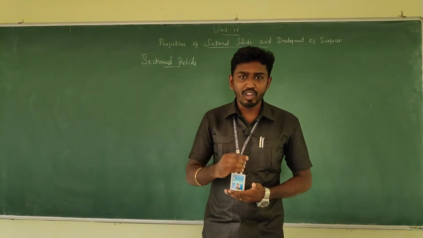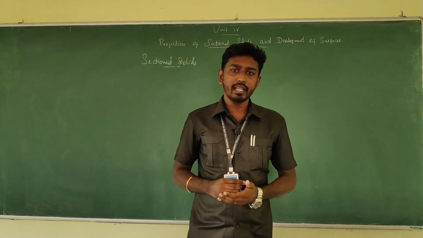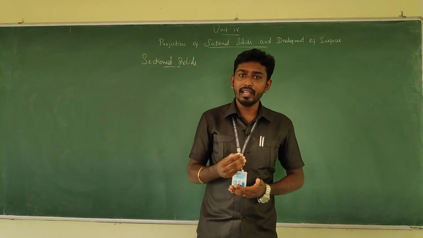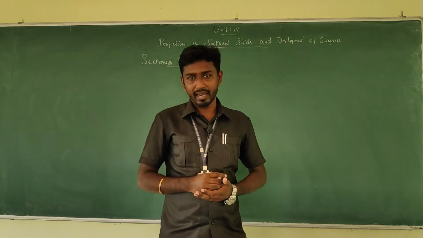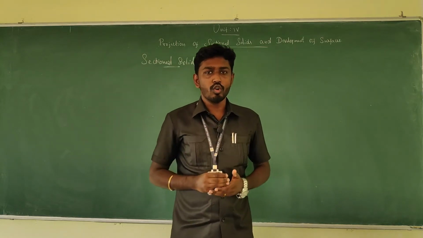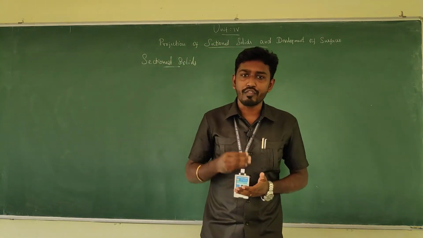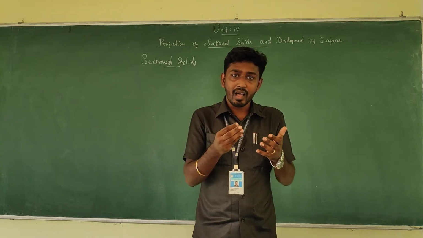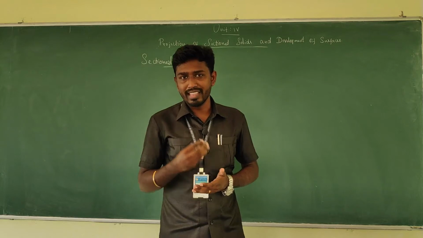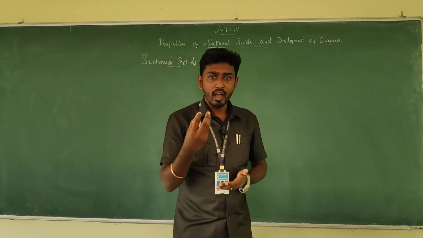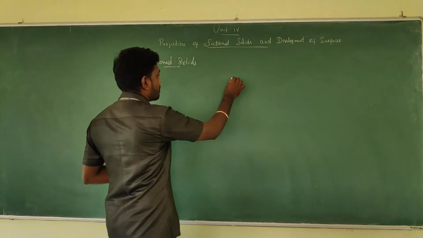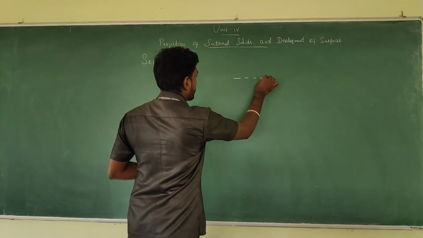Right now, we have learned the projection of point, projection of straight line, projection of solid, and projection of plane surface. Am I right? If you want to show the details of the internal hidden features of any object, with the help of orthographic projection, we represent them by dashed lines.